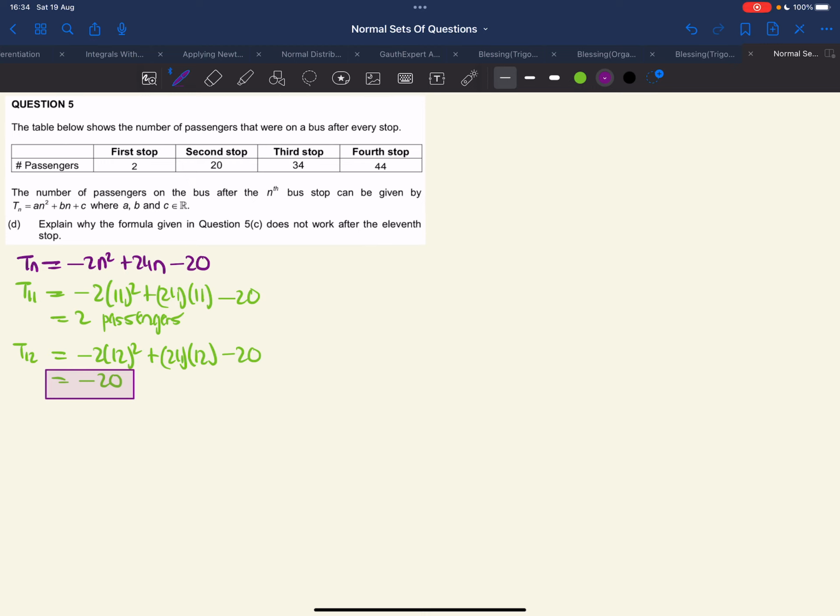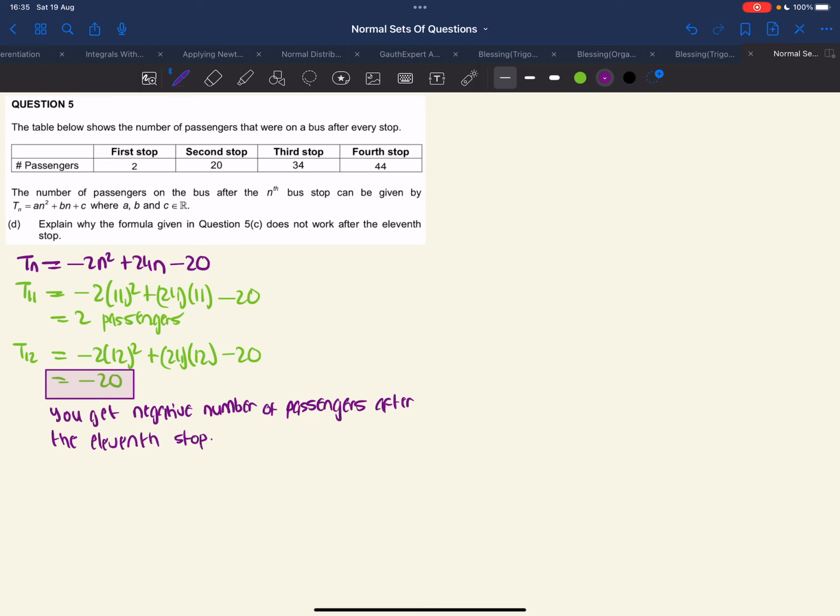So the reason why this formula does not work after the 11th stop is because you get a negative number of passengers after the 11th stop.